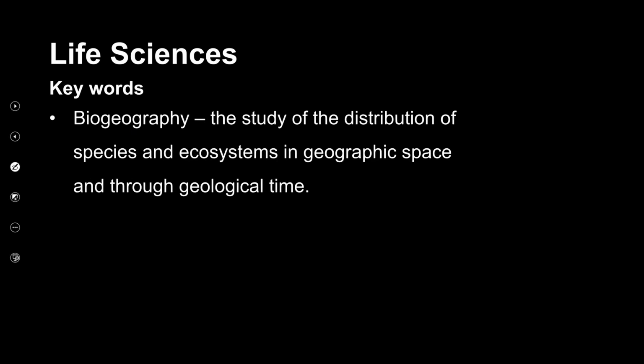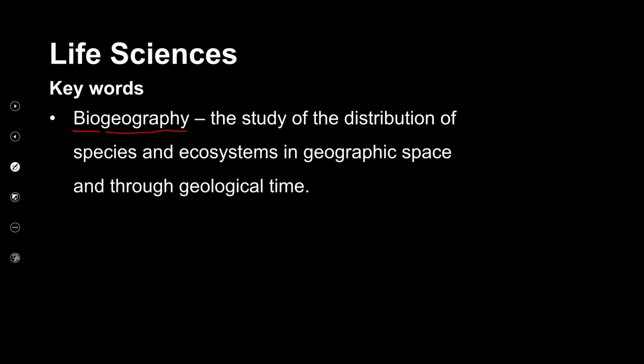All right, and then another key word that we need to have a look at today is biogeography. If we break this word up into two parts, the first part is bio, which means living, and then geography, the second part, means the earth or part of the earth.